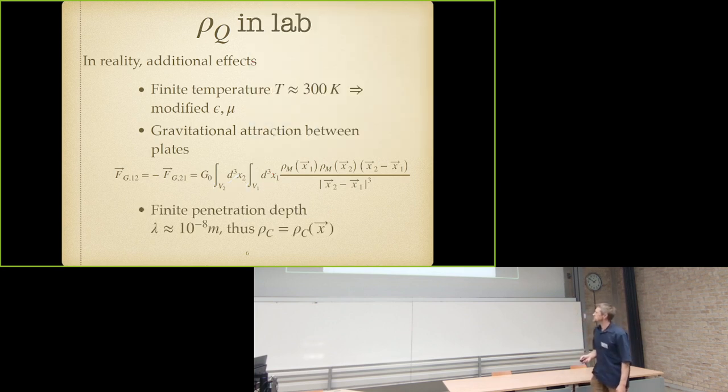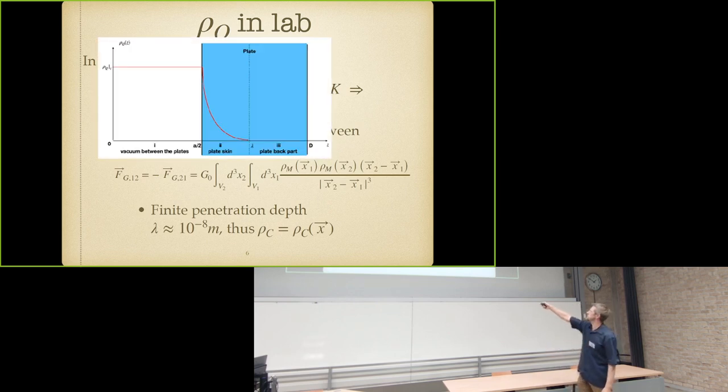Another relevant effect is the penetration depth, which means that the electromagnetic modes, which have a boundary condition on the plates, are not actually perfect. If this blue thing is the plate, the energy density somehow penetrates the plate, because in real life nothing is perfect.